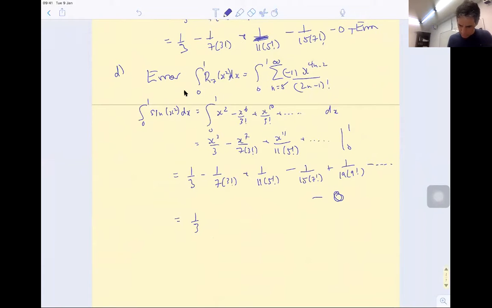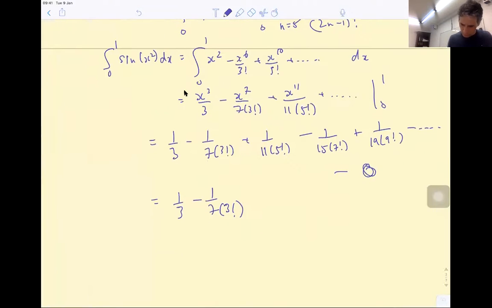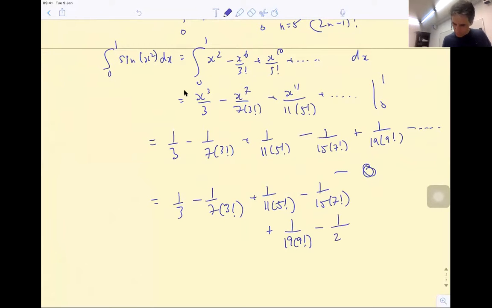So 1/3 minus 1 over 7 times 3 factorial, plus 1 over 11 times 5 factorial, minus 1 over 15 times 7 factorial. That's our estimate, plus the error. And the error part is 1 over 19 times 9 factorial, minus 1 over, the next one would have been 23 times 11 factorial, so on and so forth.